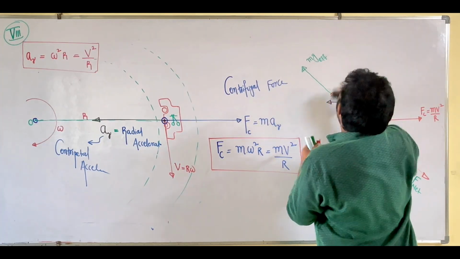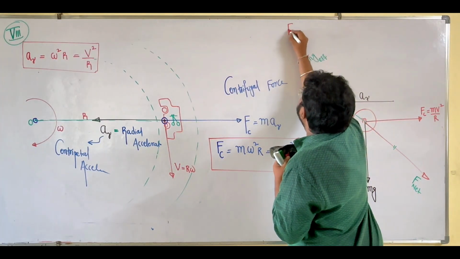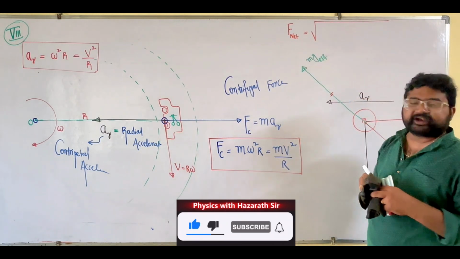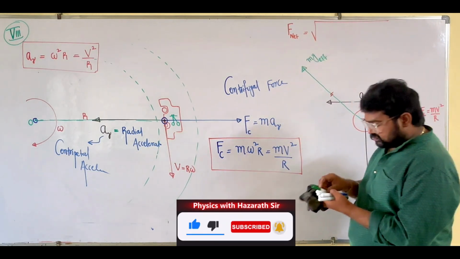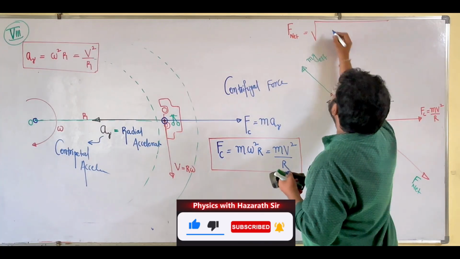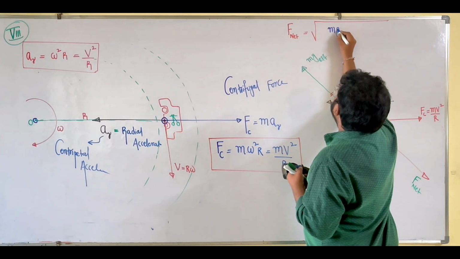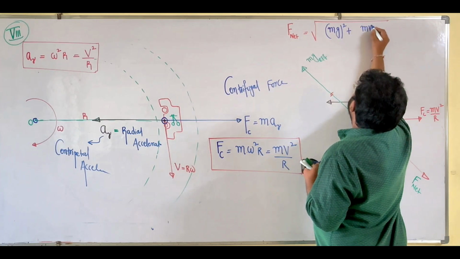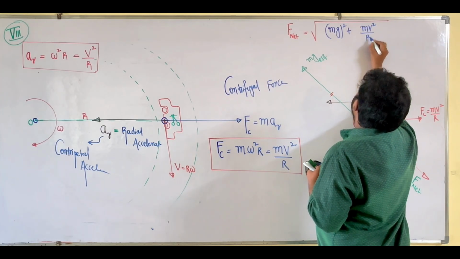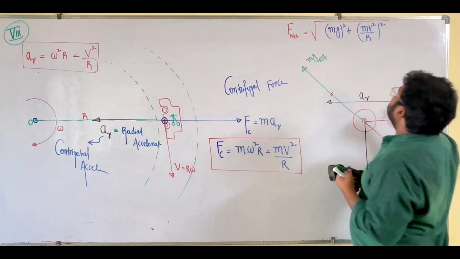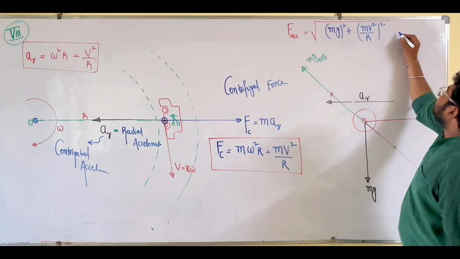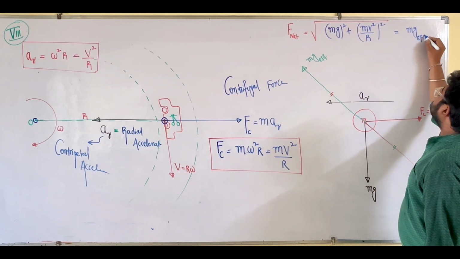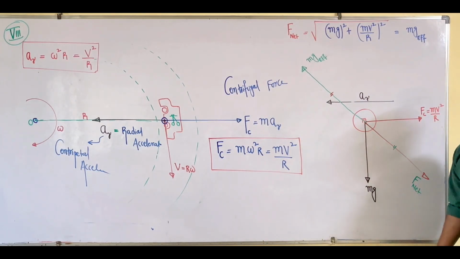Here F net equals how much? Tell me. mg effective, here what will you get? mg whole square plus mv square by r whole square, that equals mg effective.